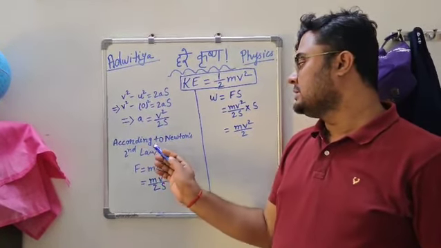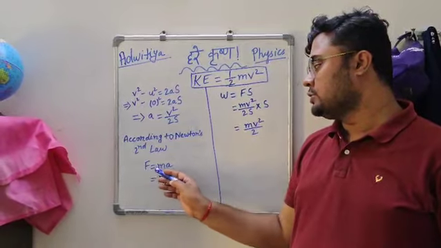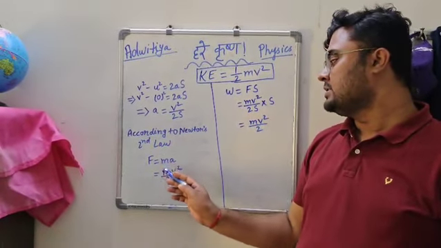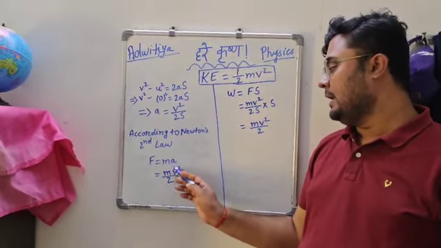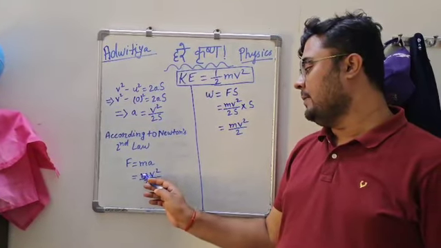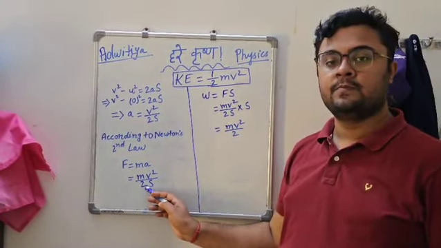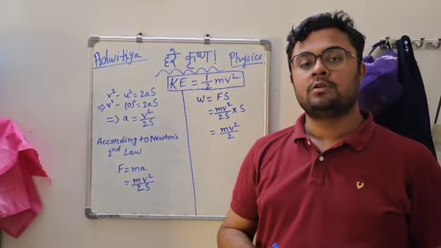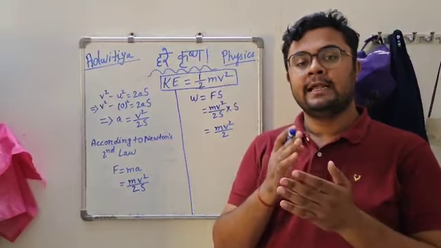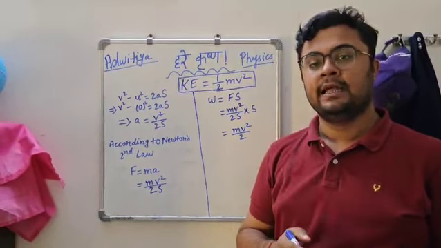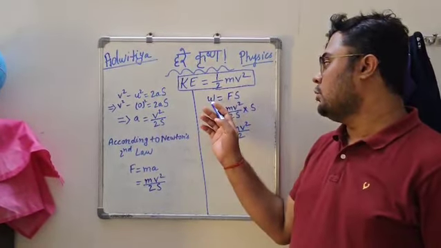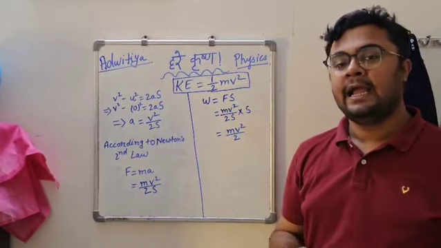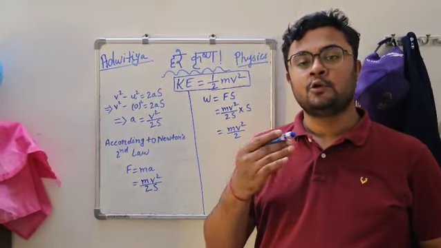Next, from Newton's second law, we know that F equals m into a. We substitute the value of a here and we get F equals mv square by 2s. Now, as I mentioned before, work done equals force into displacement, so W equals F into S, and energy is the capacity to do work.